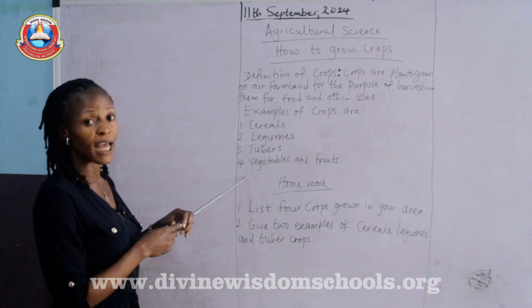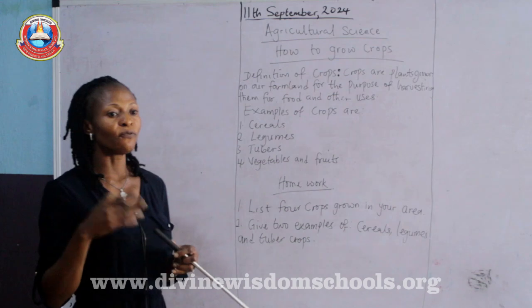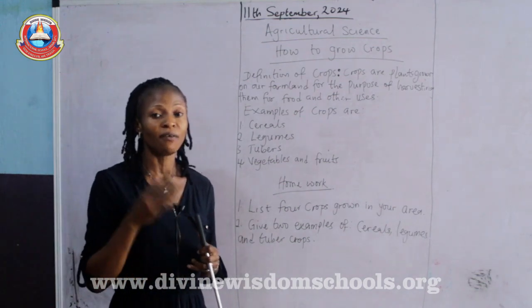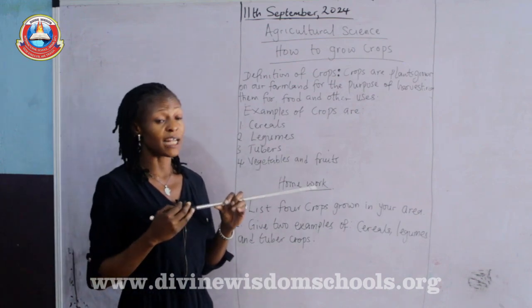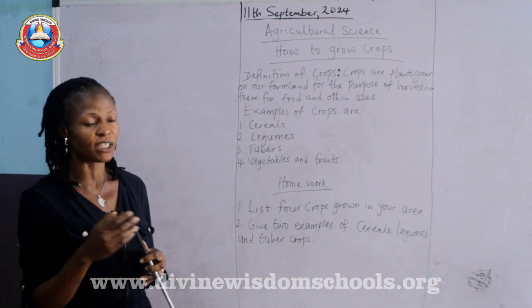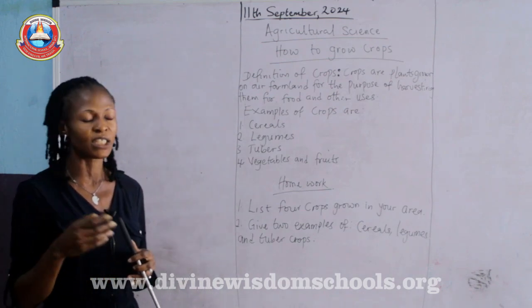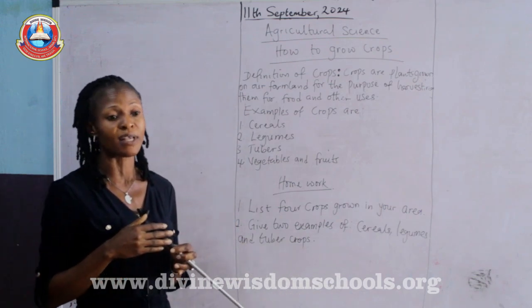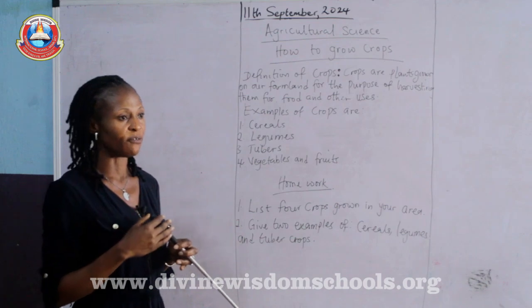The fourth one we're looking at is vegetables and fruits. Now, the vegetables and fruits are a high source of minerals, vitamins, and iron. There are two categories of fruits and vegetables. We have the leaf vegetables and we also have the fruit vegetables. Examples of leaf vegetables are African spinach, bitter leaf, and water leaf.